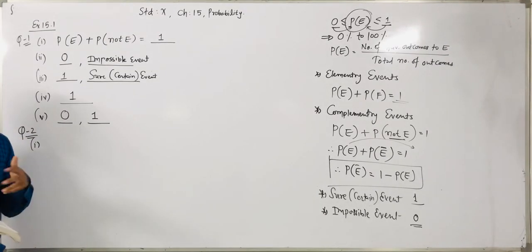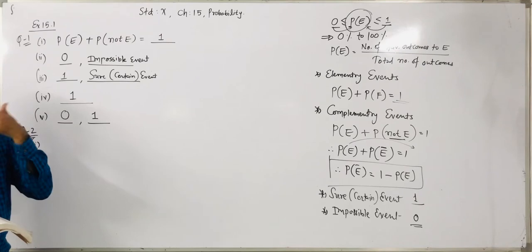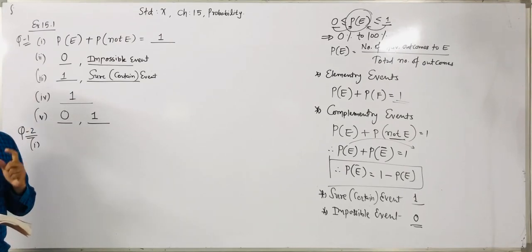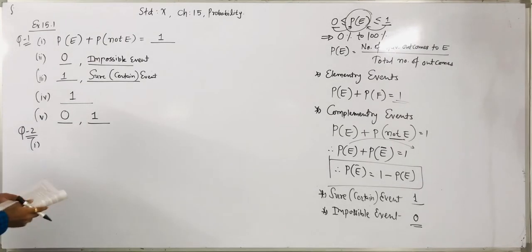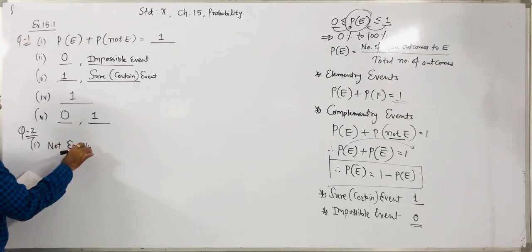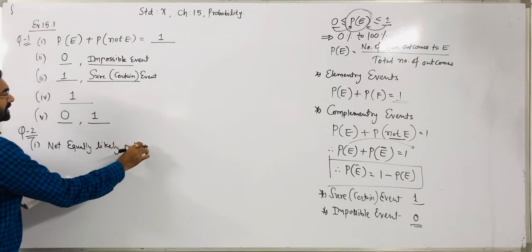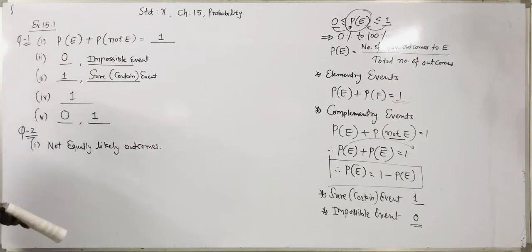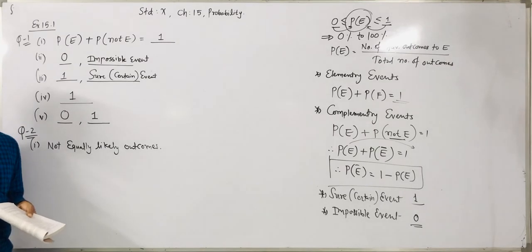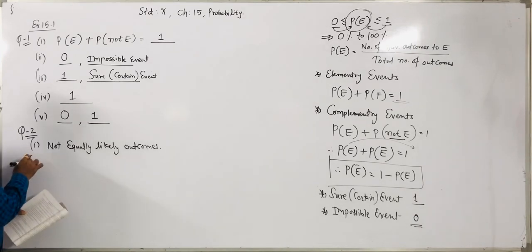So we can say it is not an equally likely outcome. Why? Because when a driver starts a car, normally 90 to 95% of the time the car will start.